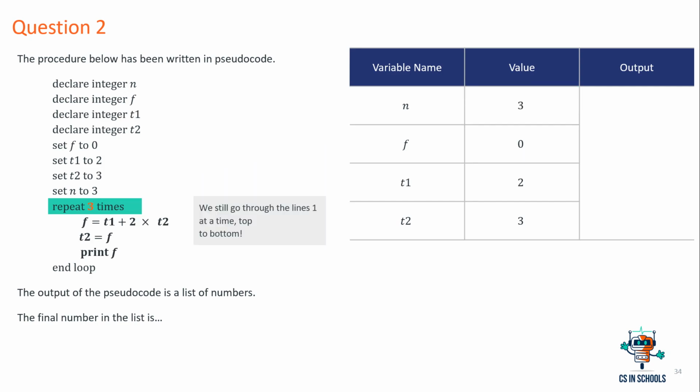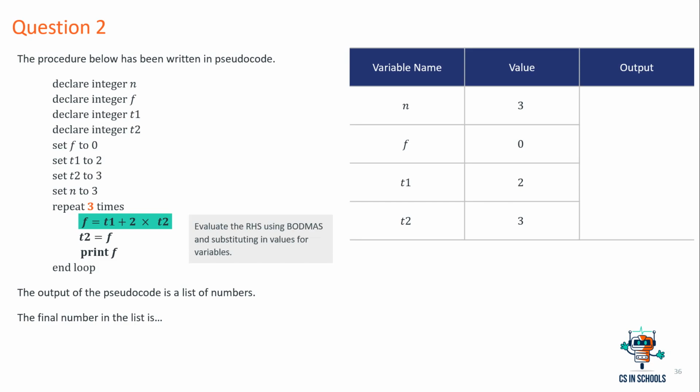How we handle that is we still go through the lines one at a time, top to bottom. So we look at that first line of code in the indented block. We see that f is equal to t1 plus 2 times t2. Now the equal sign in pseudocode is slightly different to the equal sign in maths, in that we need to always evaluate the right-hand side first. So we look at the right-hand side, we see that expression. We're going to substitute values for any variables that we find.